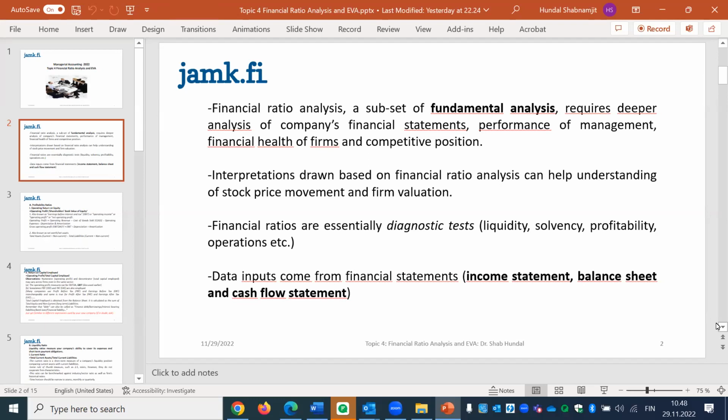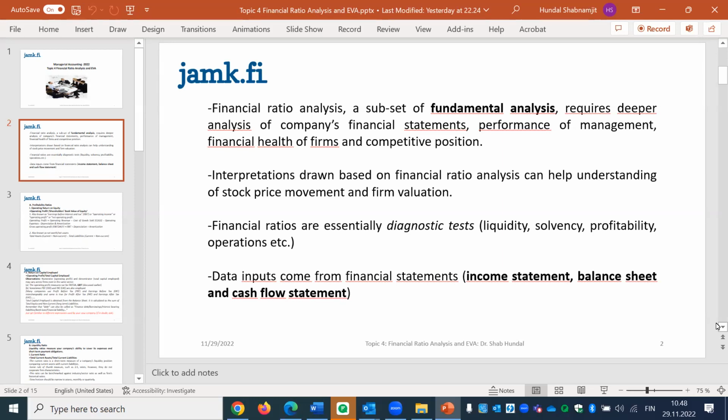In the same way, if you want to check a company's financial health, we also do a financial diagnostic test. We check the company's liquidity, solvency, profitability, and operations, these different categories of tests. Like in medical sciences, we have diagnostic tests for your brain functioning, heart functioning, and other vital organs functioning.